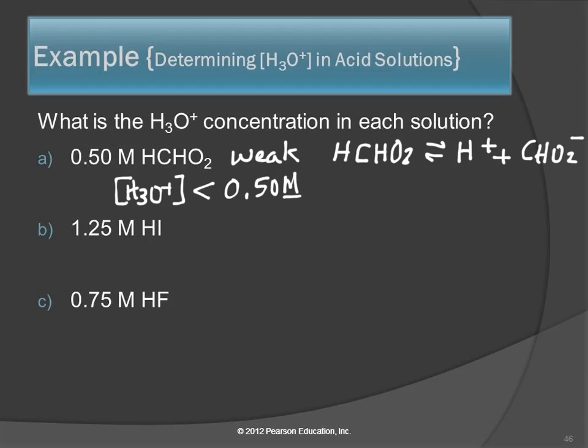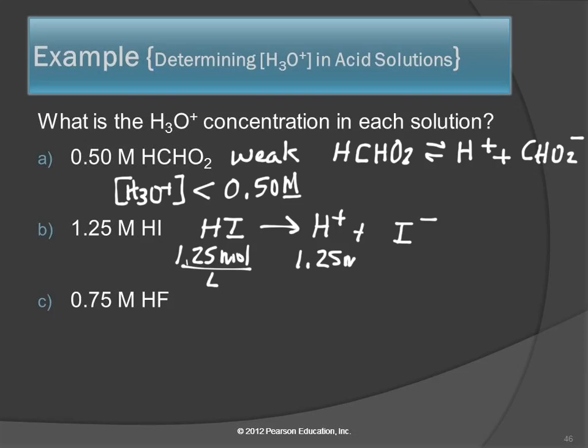So let's look at HI, hydroiodic acid. Is that a strong acid or a weak acid? Strong. That's a strong acid. And so that goes completely to ions. So if we start out with 1.25 moles per liter of hydrogen iodide and it completely ionizes, then we must have 1.25 moles per liter of the hydrogen ion and 1.25 moles per liter of the iodide, right?